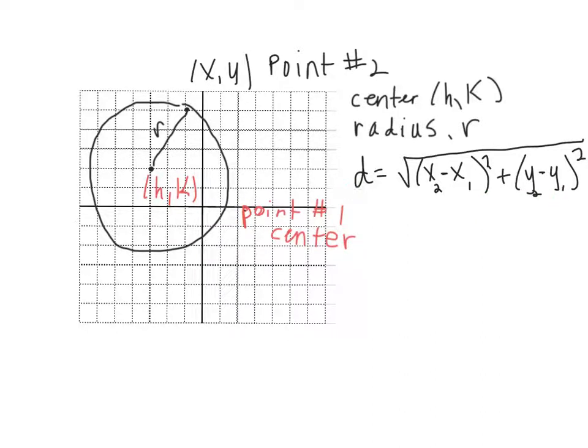And in place of the distance between these 2 points, we will use r again. And for point 2, I'm just calling it generic xy. So this would be an x here. Point 1 is hk, so the h is the other x value. So this inside here will be x minus h squared.